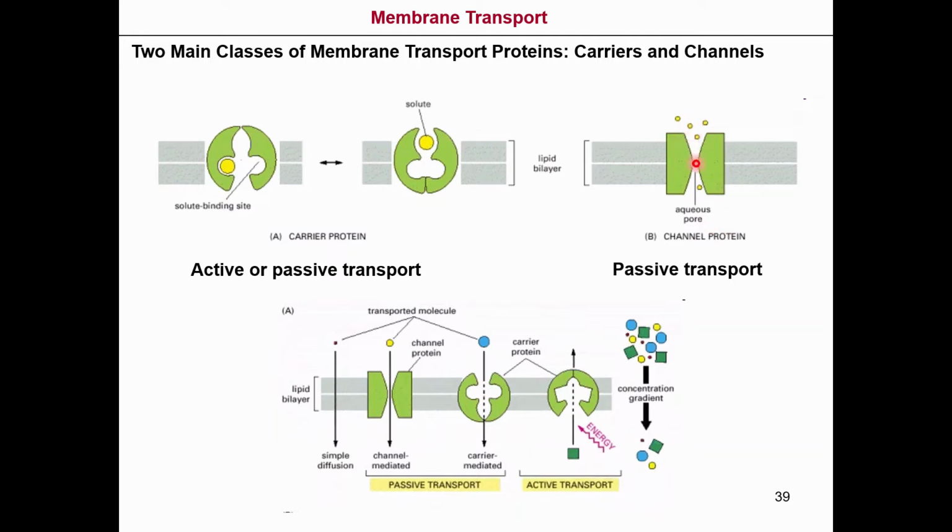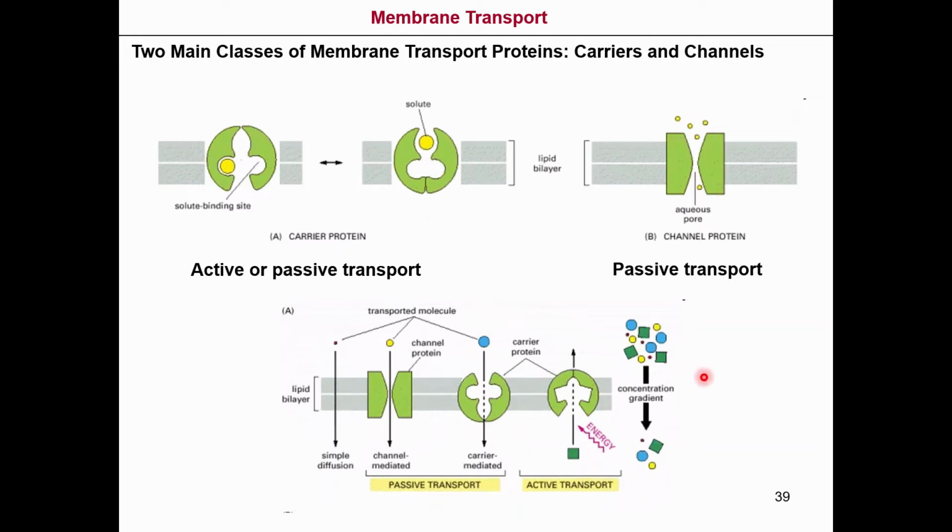It means that you have a pore through the lipid bilayer. In the carrier proteins, you do not have a pore. You need a change in the conformation of the protein to allow the transport of the solute. The solute binds to the specific protein to be transported, and after, the protein undergoes a series of conformational changes to transfer the bound solute across the membrane.